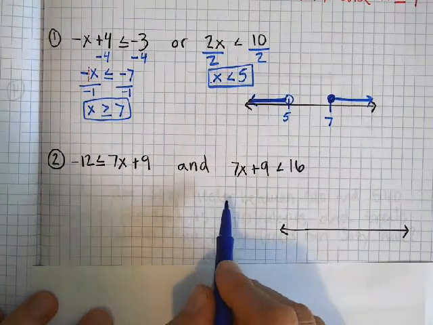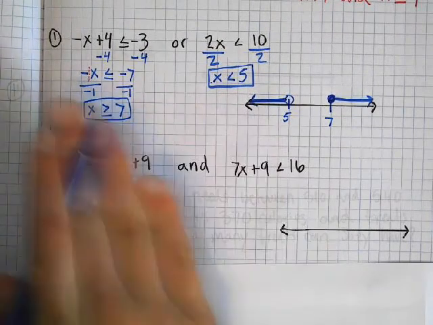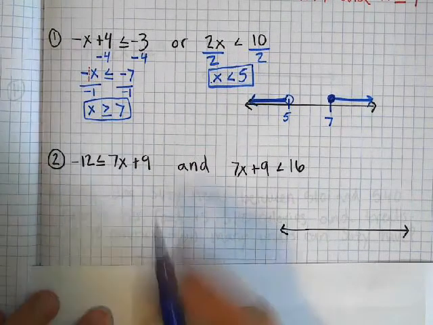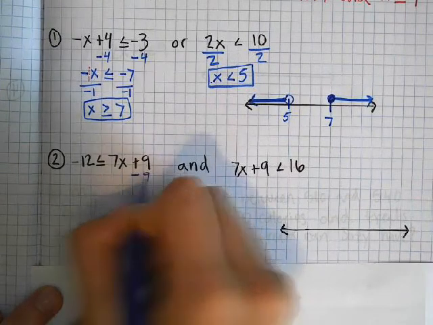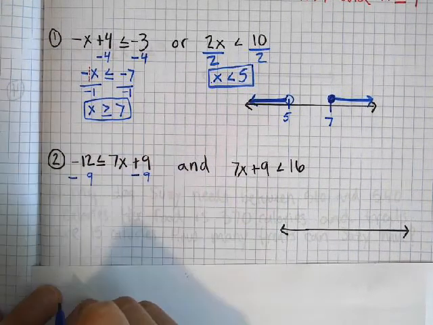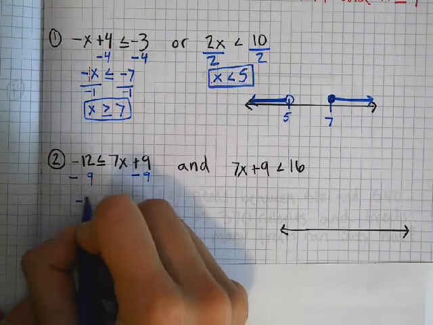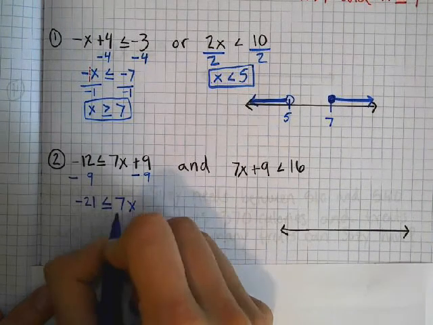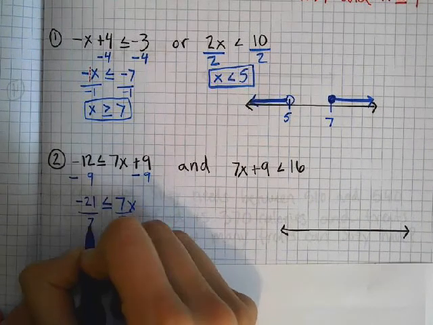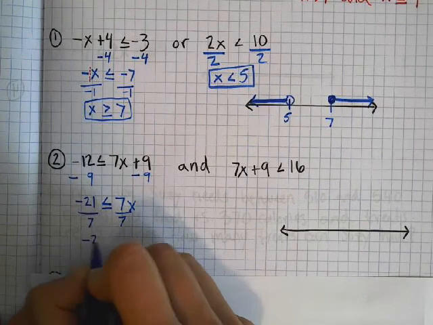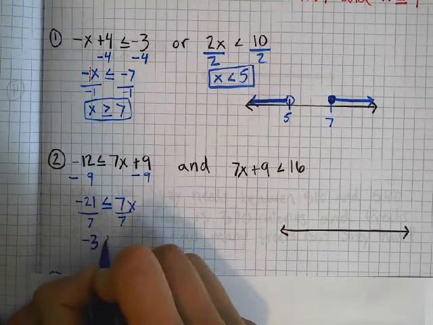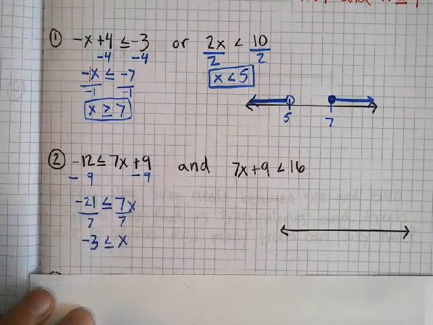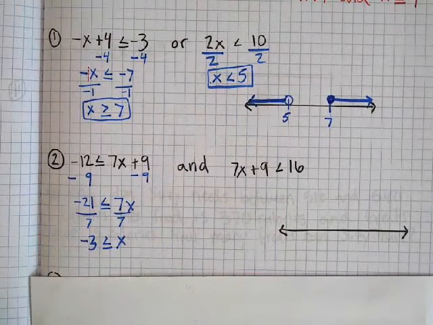Here we have an AND statement. So again, solve one of these equations, then solve the other. So I'm going to subtract 9 from both sides. I've got negative 21 less than or equal to 7x, and then I'm going to divide by 7. So I've got negative 3 is less than or equal to x.